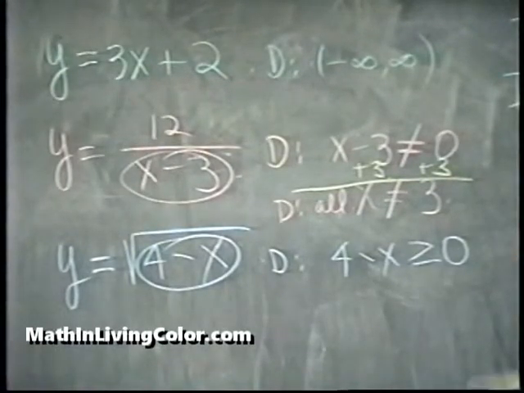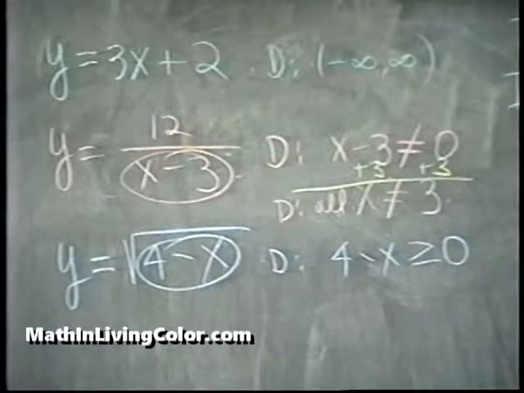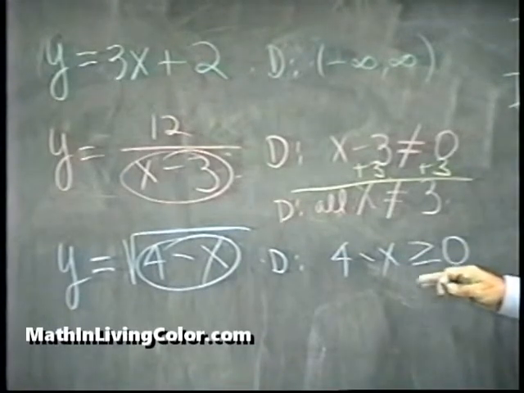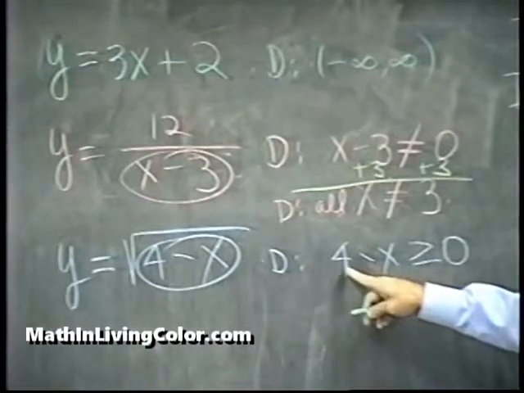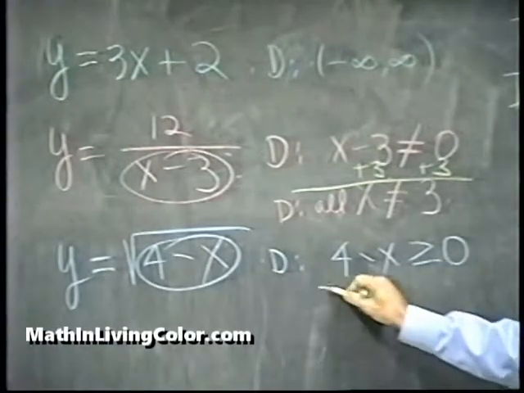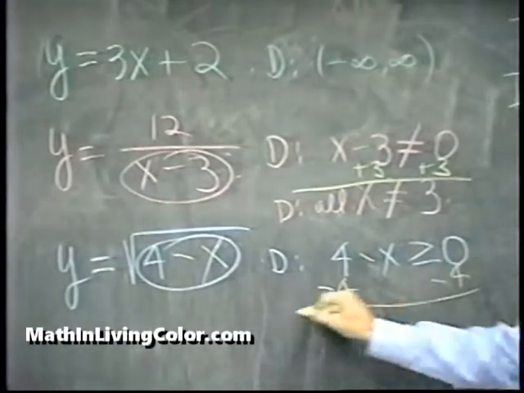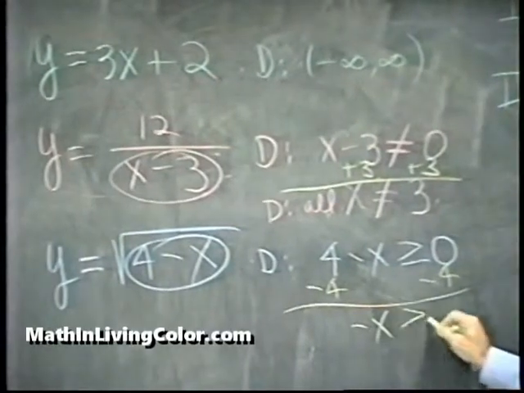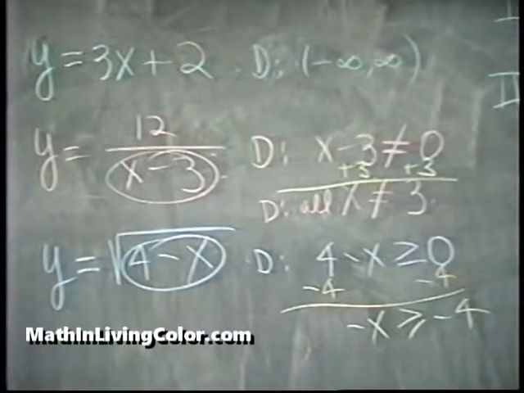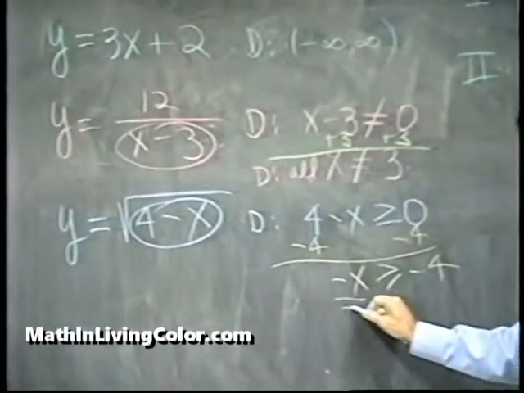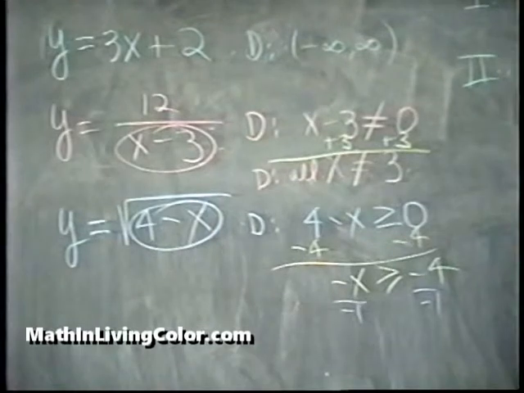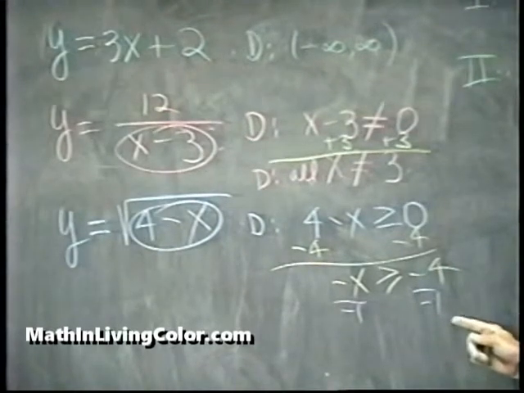Okay? Now, can you solve that? We didn't do this a minute ago. We just kind of substituted some numbers in and by trial and error we decided, well, certain values are not allowed here. But let's see, what would it be? If you wanted to subtract 4 from both sides, that'd be a good idea, wouldn't it? What would you have? Negative x is greater than or equal to negative 4. And then what? Divide by negative 1. What happens when you divide both sides of an inequality by negative 1?